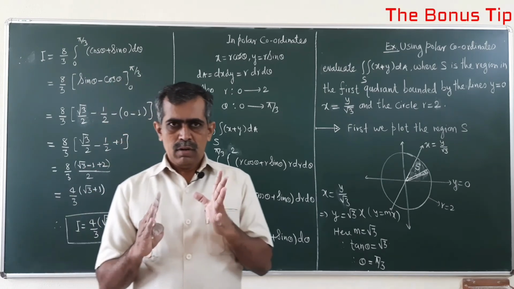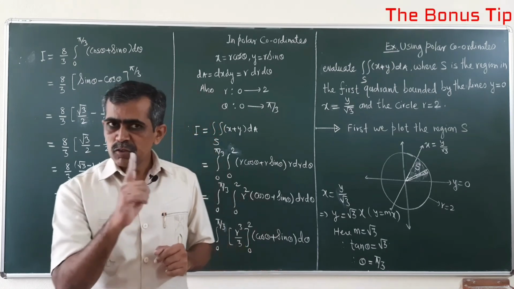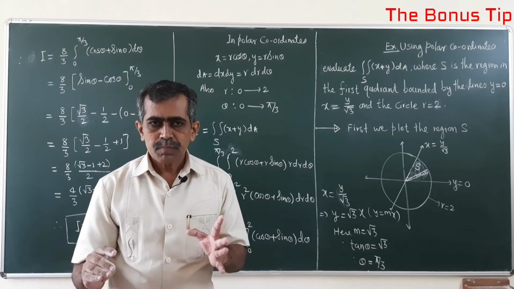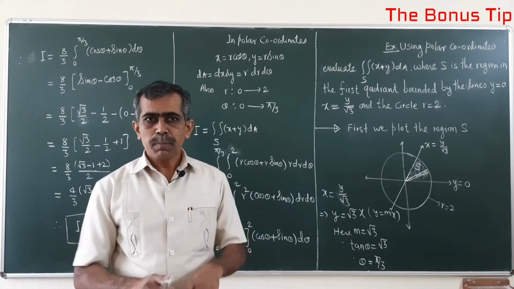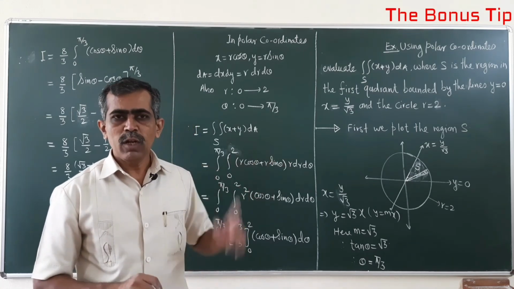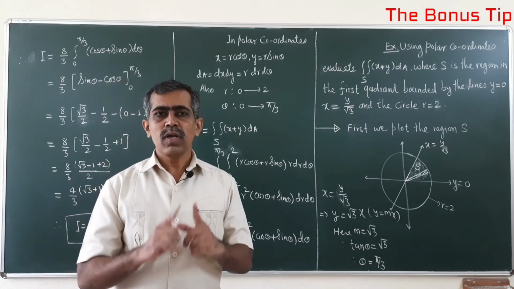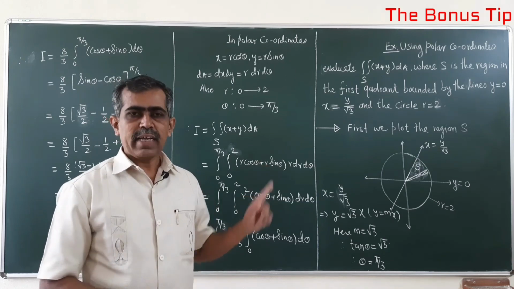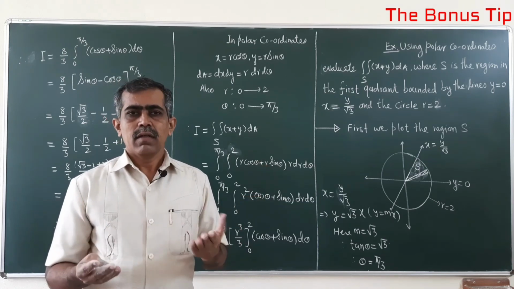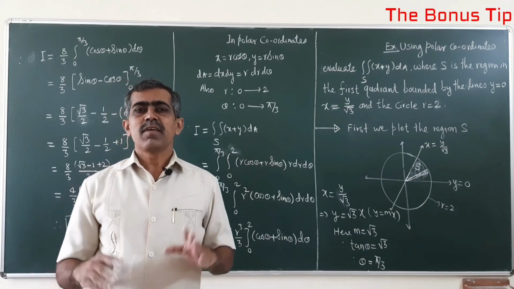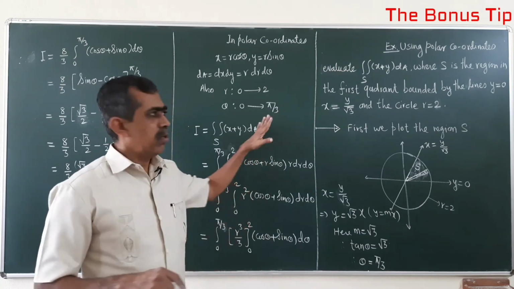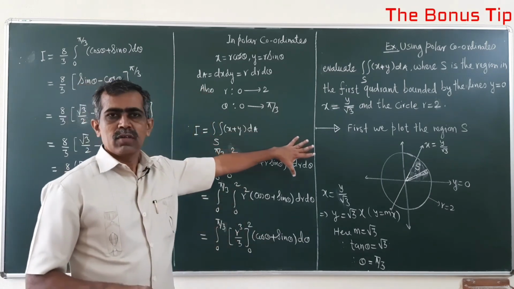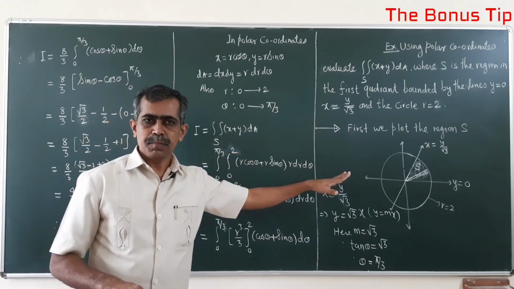So if your function is complicated but its domain is part of such standard objects, then you always prefer a change of variable for the evaluation of such integrals. It will help you in saving your time, it will help you in doing calculations easily, and the calculations will be simple also, and it will be possible for you to do these problems without any difficulty.